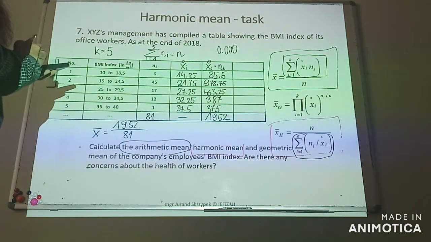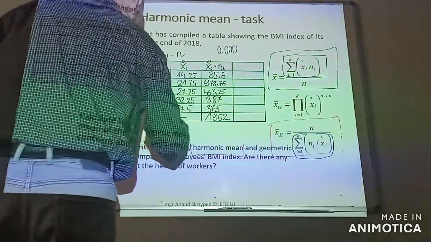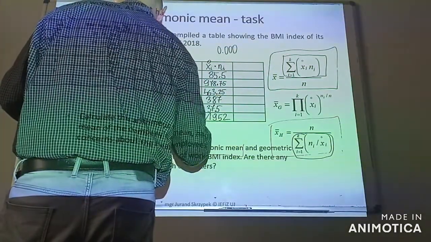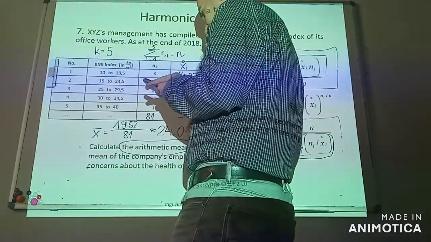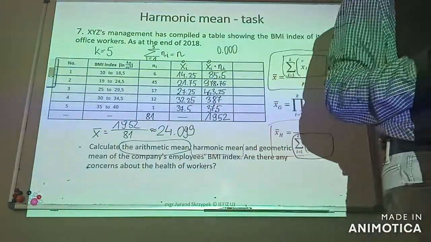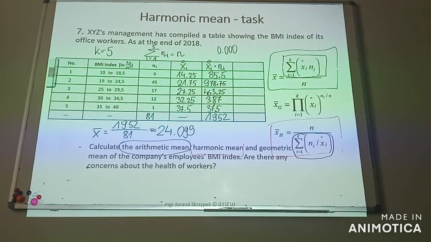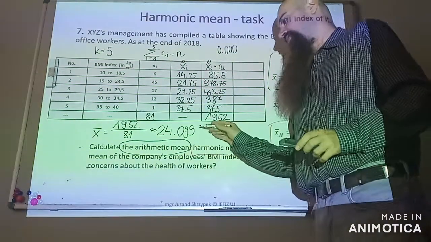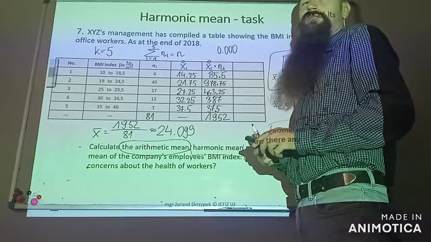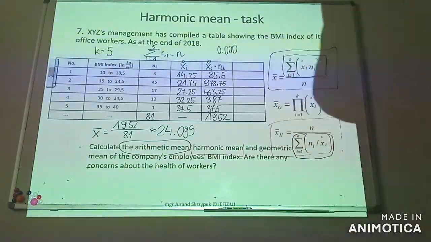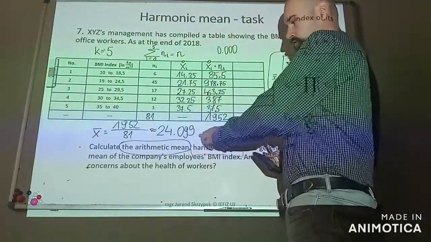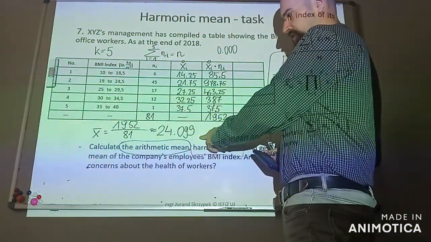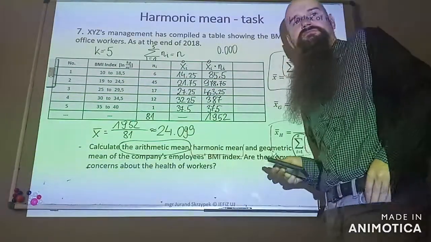This divided by 81 gives us approximately 24.099. And the interpretation is the same. This is the average BMI index of the office workers, but here measured using, of course, the arithmetic mean.